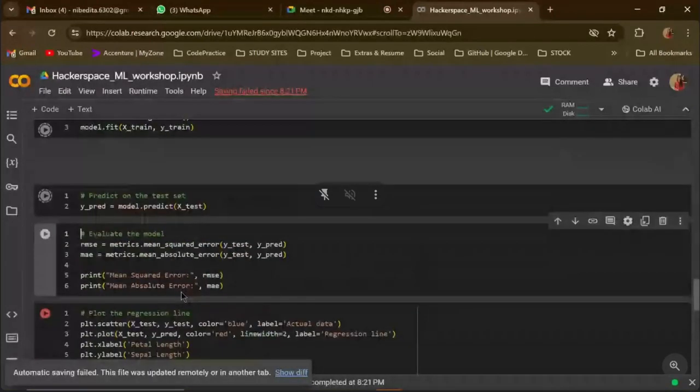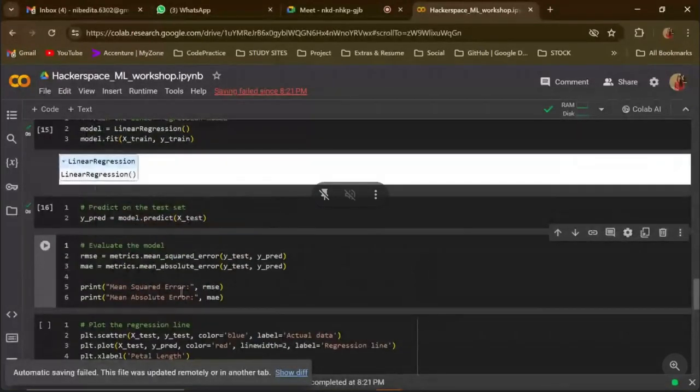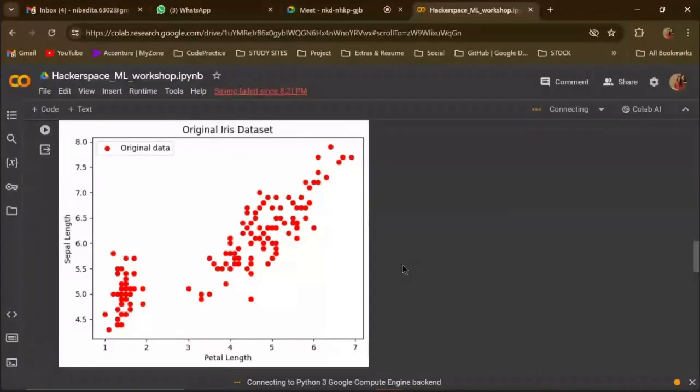Didi, can you repeat why X is independent data and Y is dependent data? Okay, so X is independent because the X data is given to us. We have the X data. X data does not depend on something else.